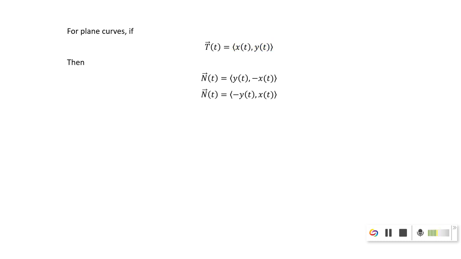How do you know which one's negative? It depends on the picture. That normal vector always points inward. We don't have, unfortunately, a shortcut for our space curves in 3 dimensions. We have to do all the math, and the math will tell us where that normal vector is.